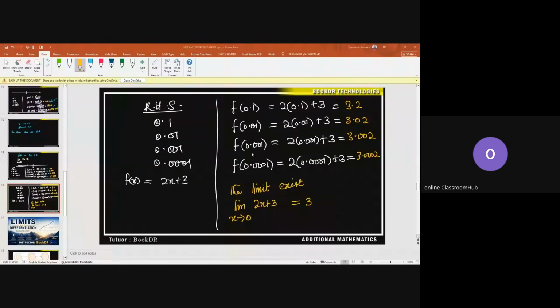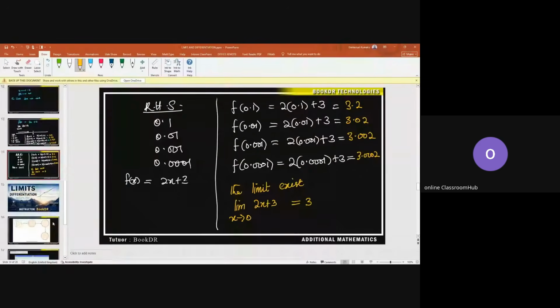Okay, so let's proceed. If there's no question for me, then now we are going to evaluation of limits.